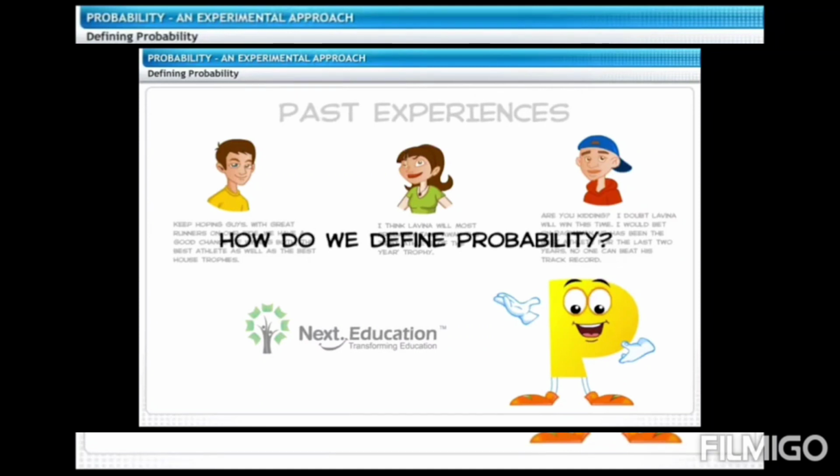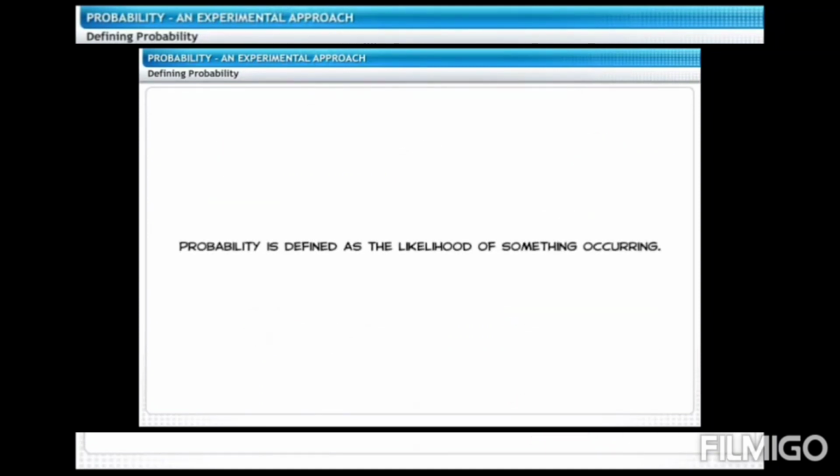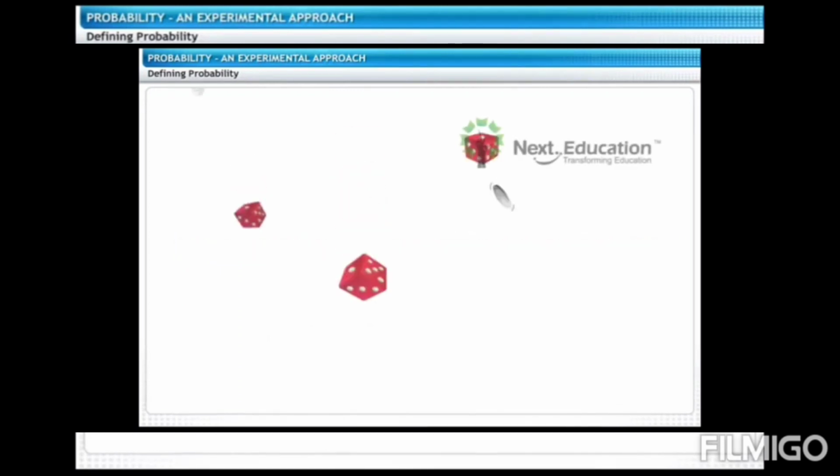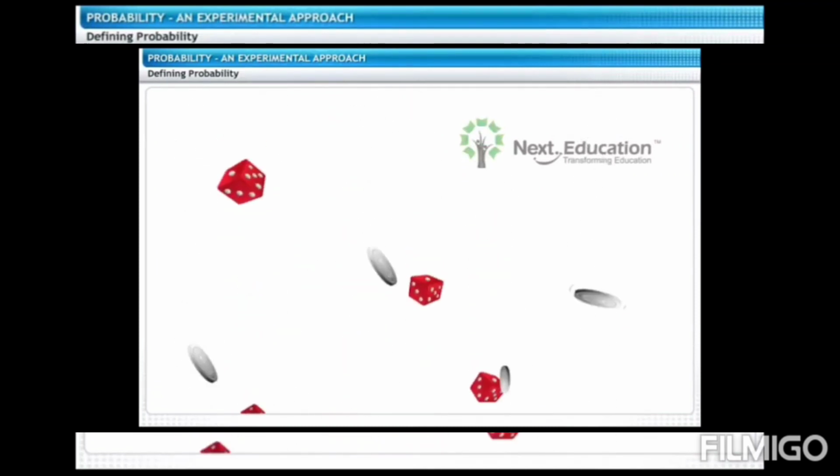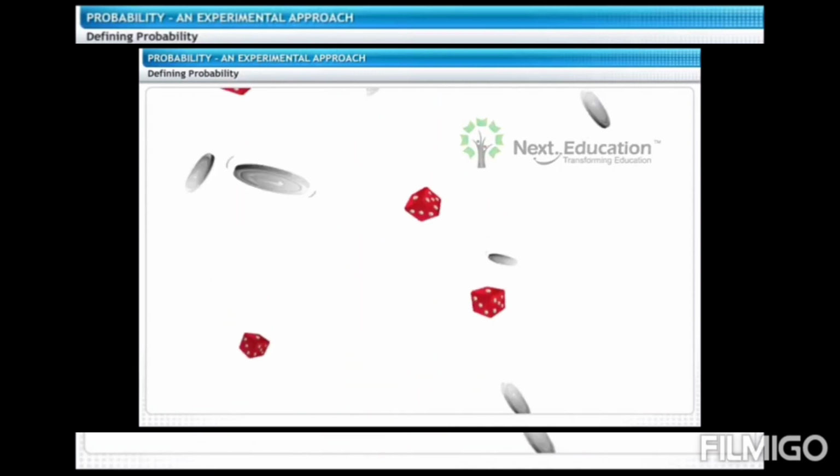So, how do we define probability? In simple terms, probability is defined as the likelihood of something occurring. Can you remember any other instances where the concept of probability is used? Let me help you recall.